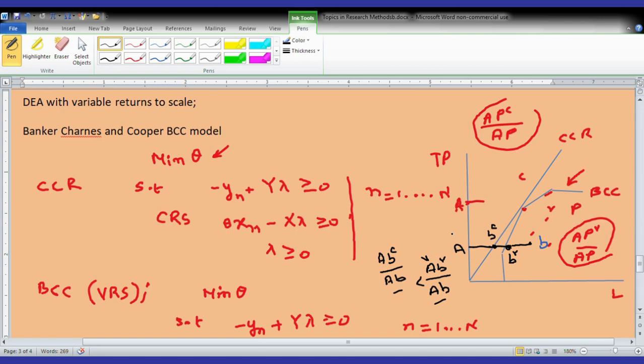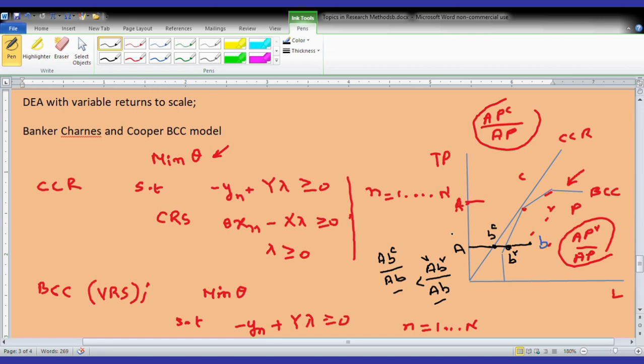In the absence of such restrictions, as is the case in the CCR model, there exists a possibility that a small firm might be benchmarked with a firm that is sufficiently larger in terms of scale of operation.